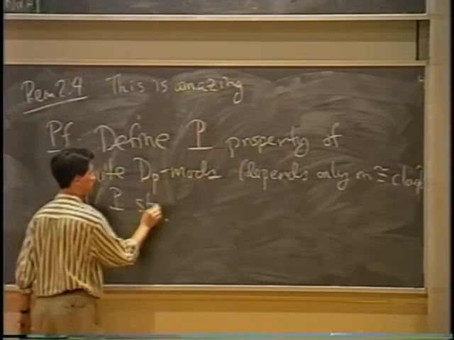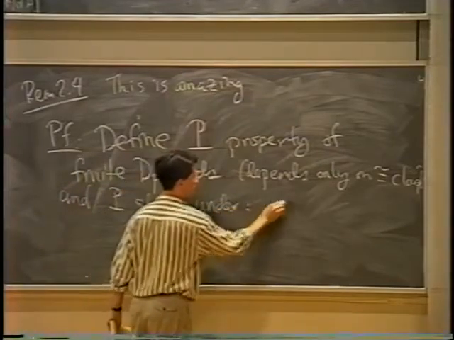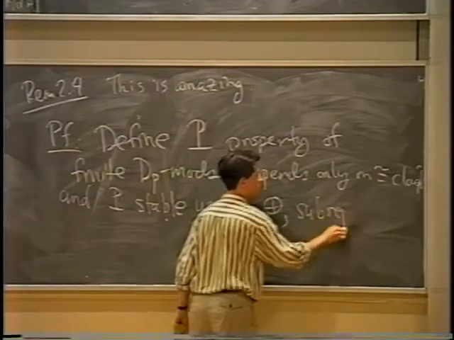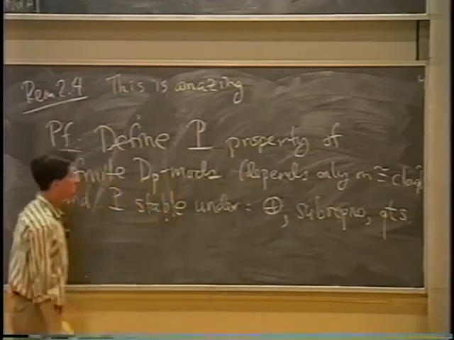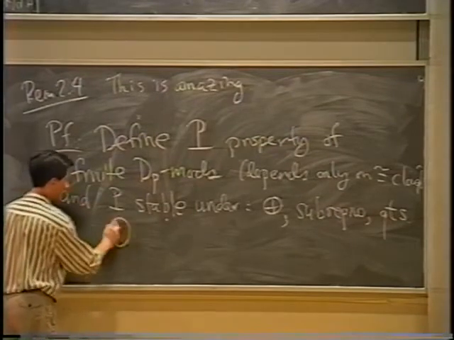P is stable in the sense that it's preserved under the following constructions. You can take finite direct sums, subrepresentations, or quotients. Okay? This is some abstract property. For example, the empty property satisfies that, and then we get the universal deformations with the following definition.